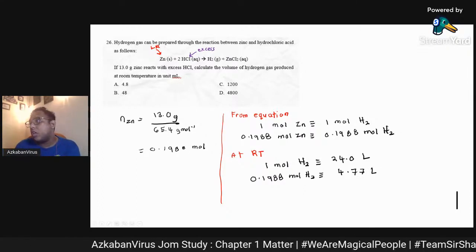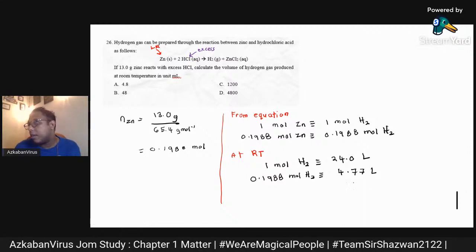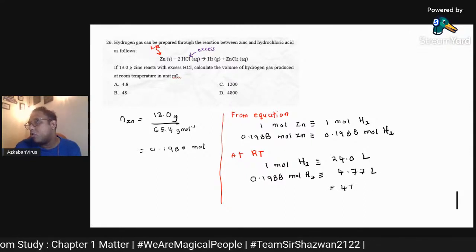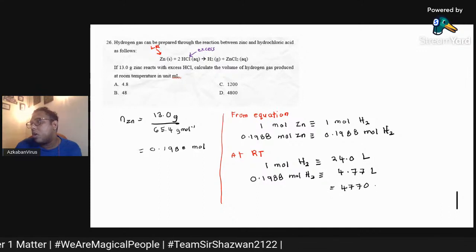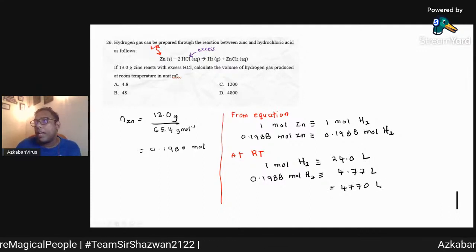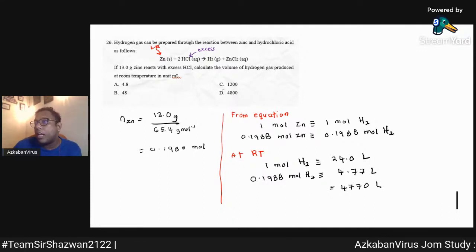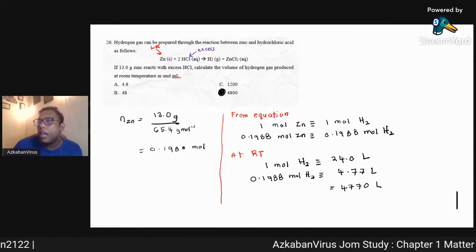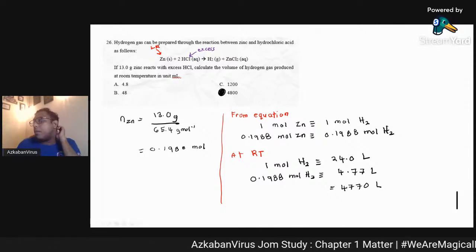Okay. So ini dalam mililiter, darab 1000, ini sama dengan 4770. Compare dengan jawapan kita, so jawapan paling dekat adalah D. Okay. Sebab dia bundarkan tu 4.8.